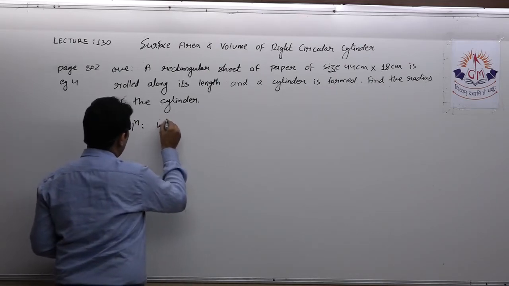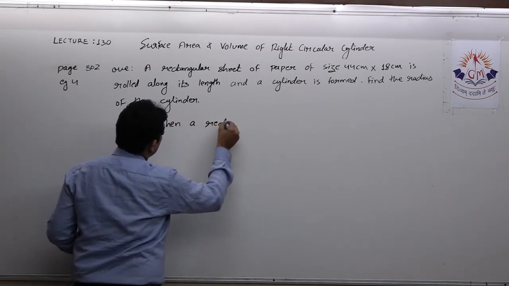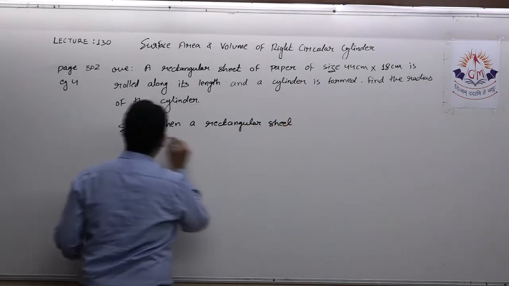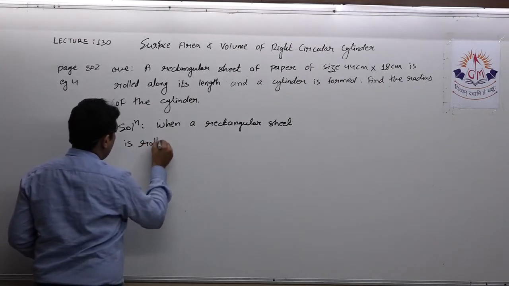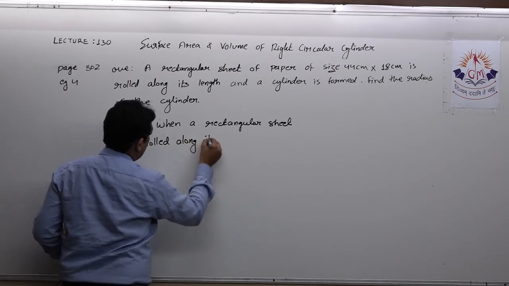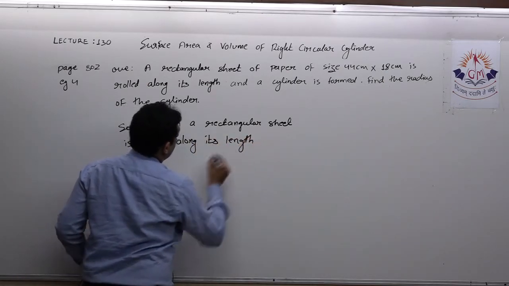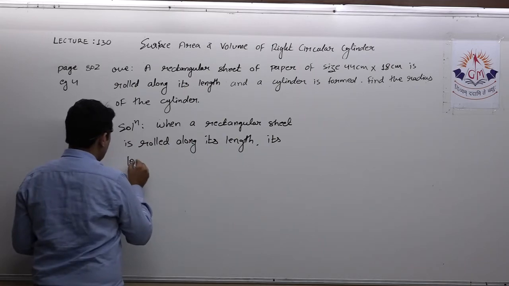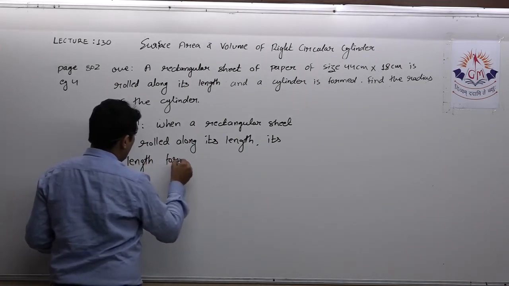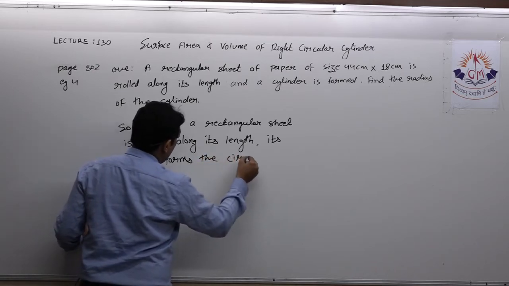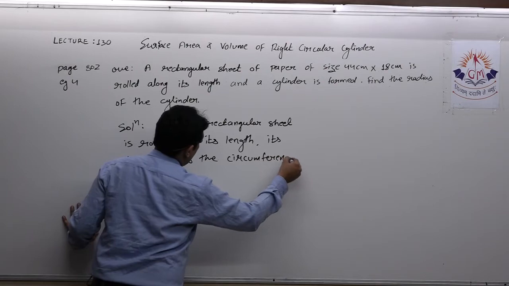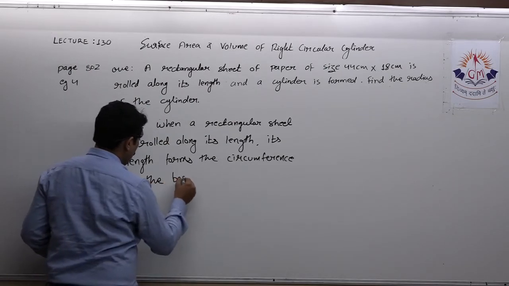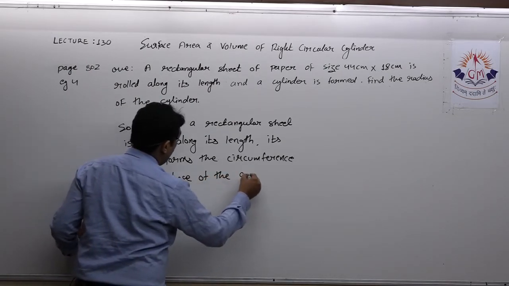So when a rectangular sheet is rolled along its length, its length forms the circumference of the base of the cylinder.